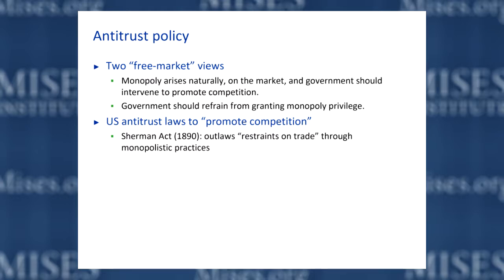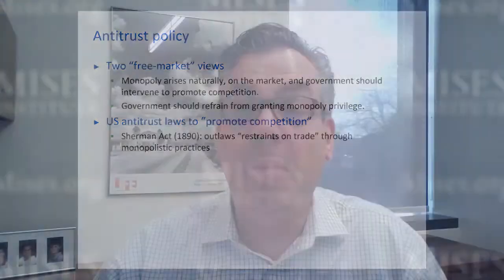And the legislation is written so that it outlaws what are called restraints on trade through monopolistic practices. So, one large firm dominating a market and keeping other firms out simply by virtue of its large size or its superior efficiency would be considered a restraint on trade.